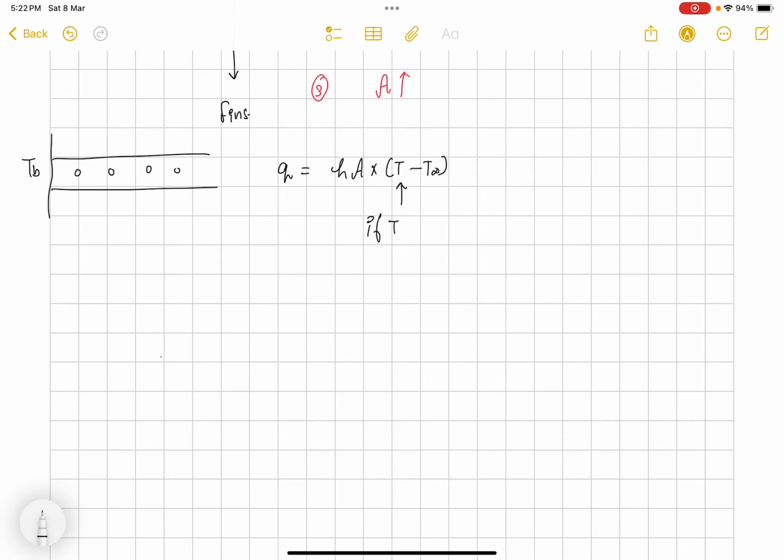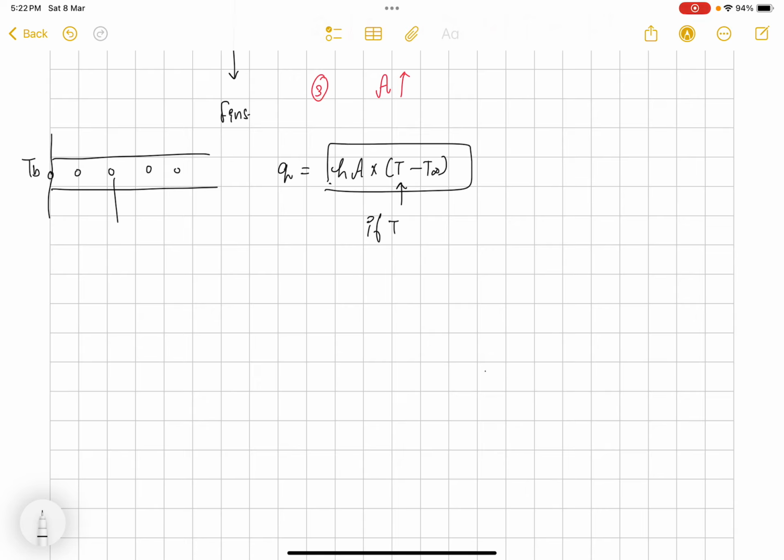So if this location and this location have almost the same temperature, then the heat transfer rate will be maximum, right?